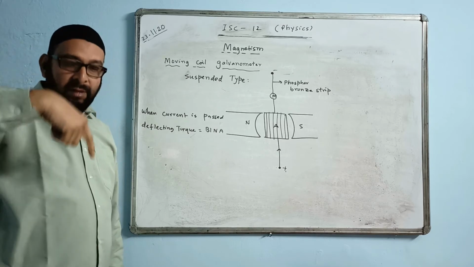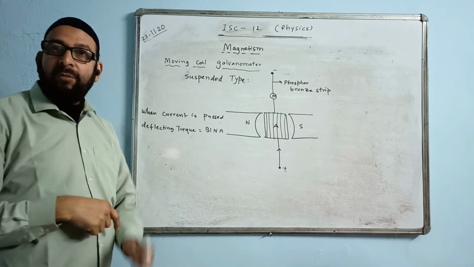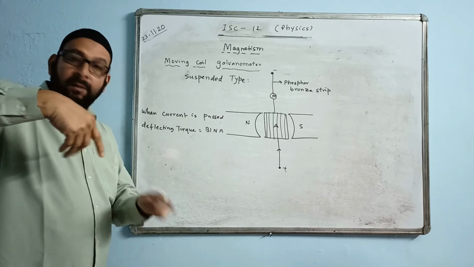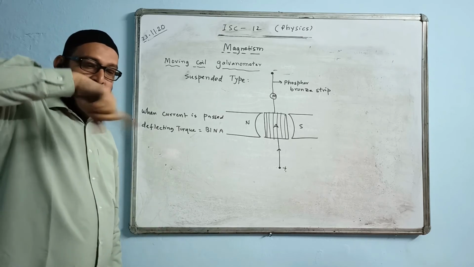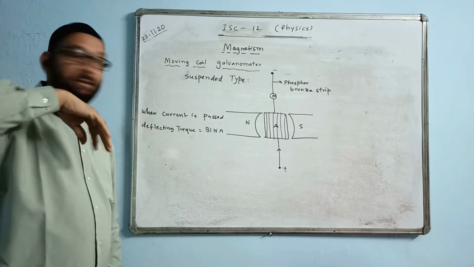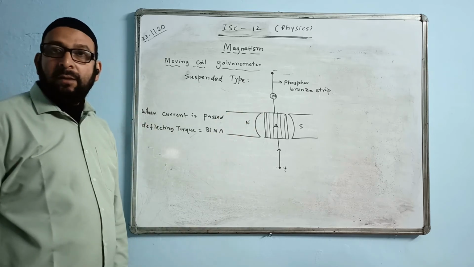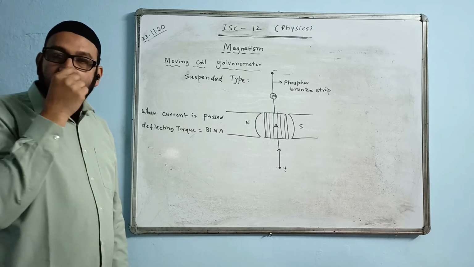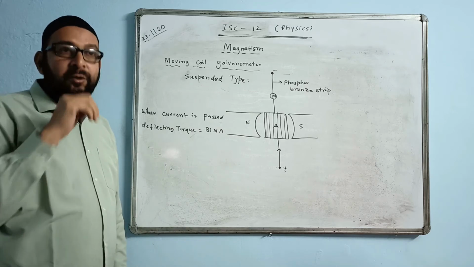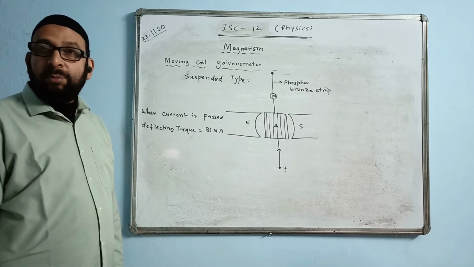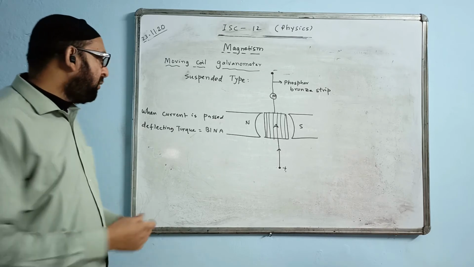Once you stop turning, what will happen? In the strip, the twists are formed. That twist will unfold, generating torque in the opposite direction itself. It is the nature of the thread or the strip to produce a restoring torque which will restore its position. That is called restoring torque.